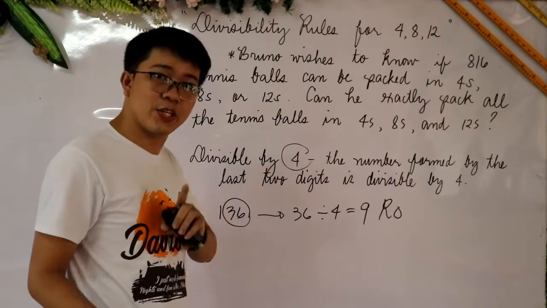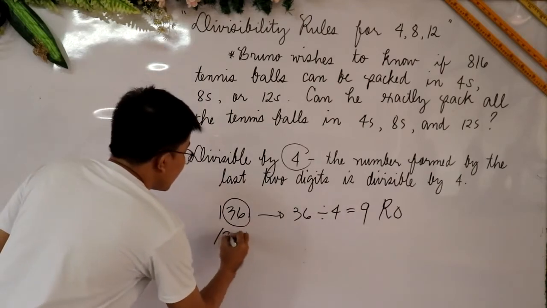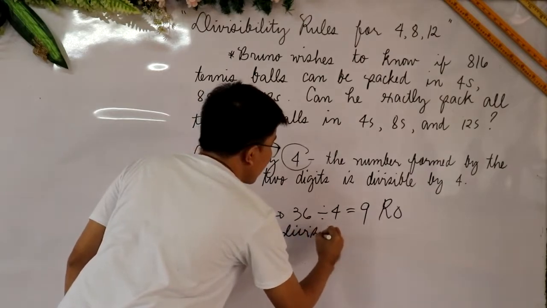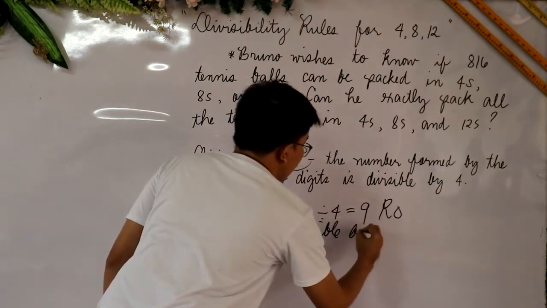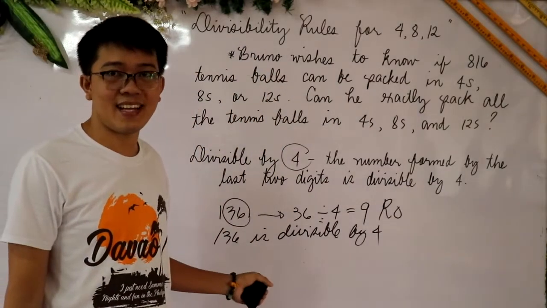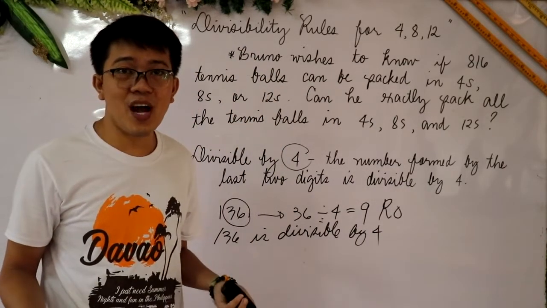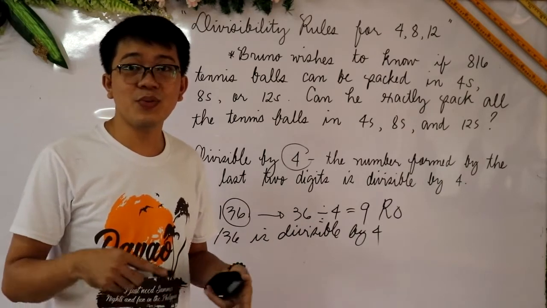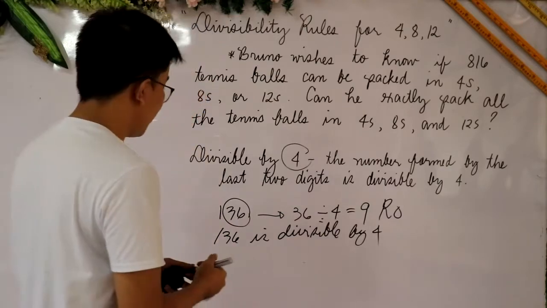Now we can already conclude that 136 is divisible by what? By 4. Look at that. It's easier for us to identify if it's divisible by 4 by just getting the last two digits. Another example.